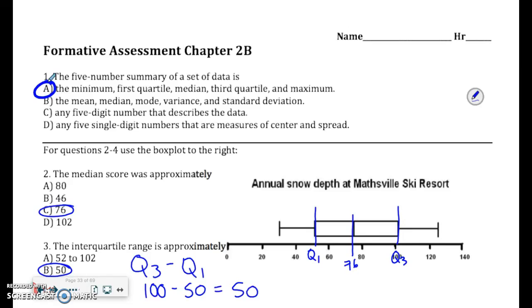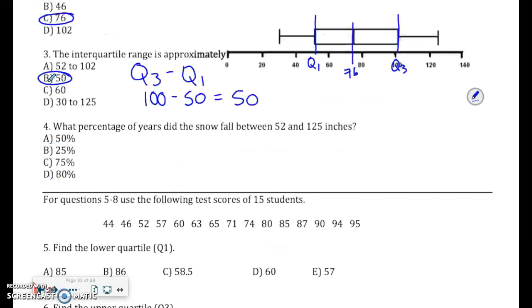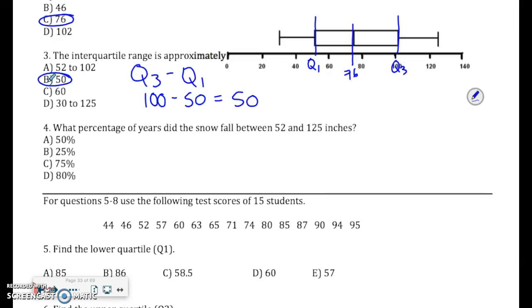All right, I'm going to shift this up a bit. What percentage of years did the snow fall between 52 inches and 125 inches? Okay, recall a box and whisker plot splits your data into 25% sections, or quarters.